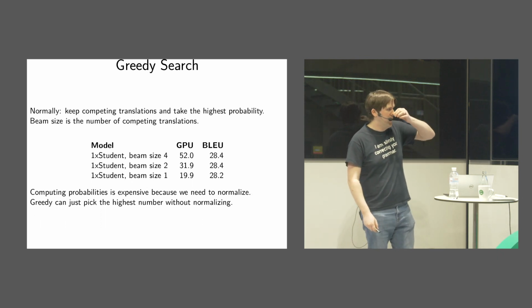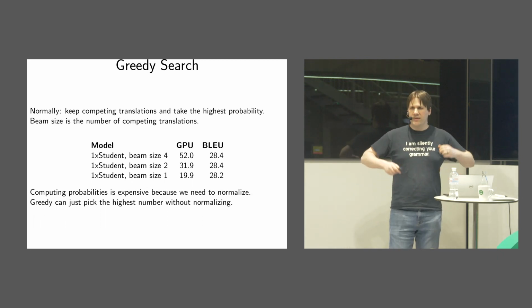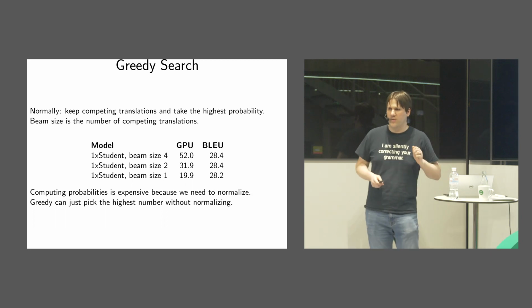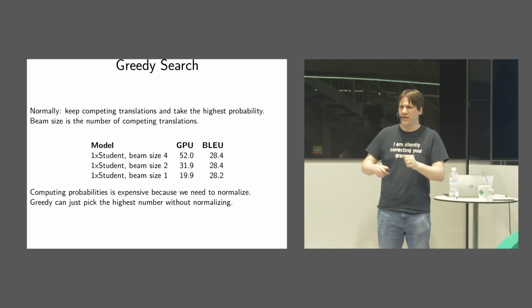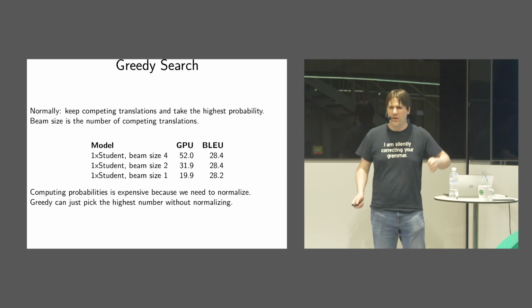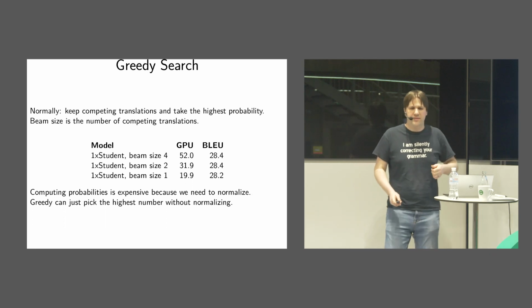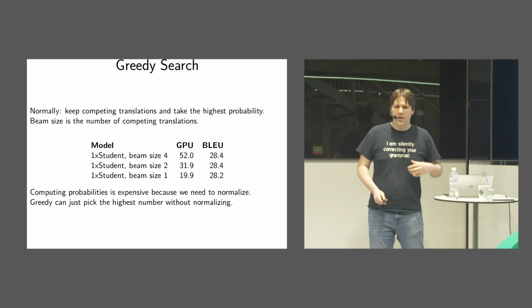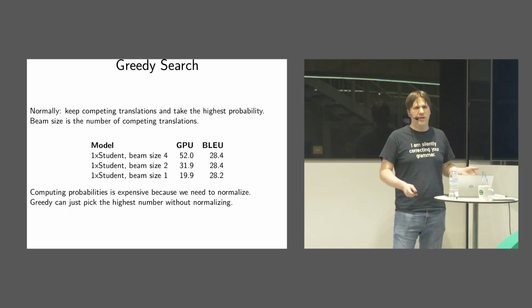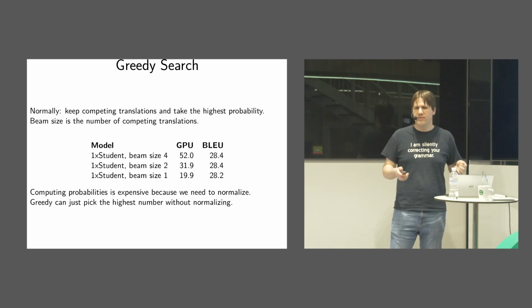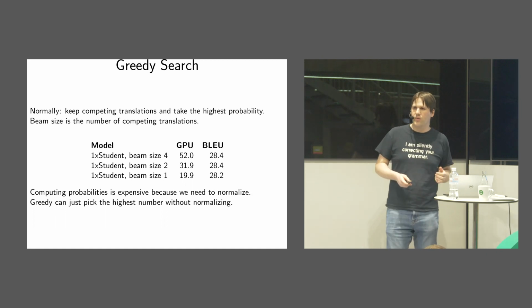But in practice, just following greedy, pick the highest scoring next word, pick the highest scoring next word as you generate a sentence from left to right, works almost as well as doing a proper search procedure when you're in a student. And that's partly because it's not really going to choose alternative words, it's picking one of them that was regularized out by the teacher.